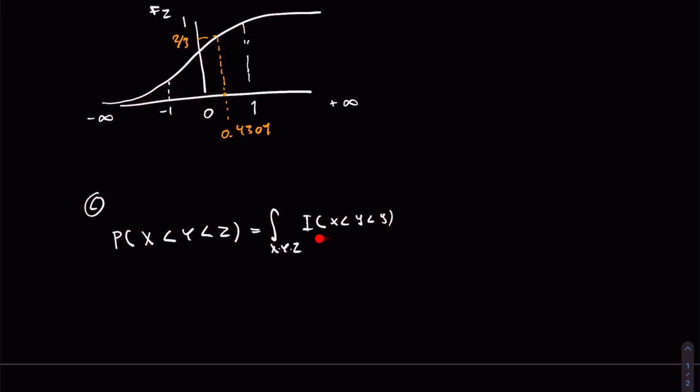All other places will be set to 0, and we multiply by the joint distribution of X, Y, Z over this cube, because we're in a three-dimensional space.